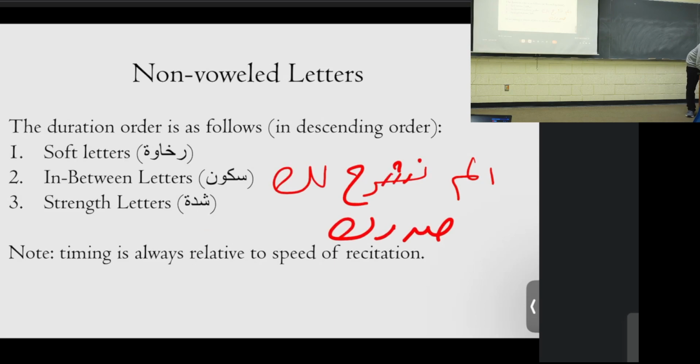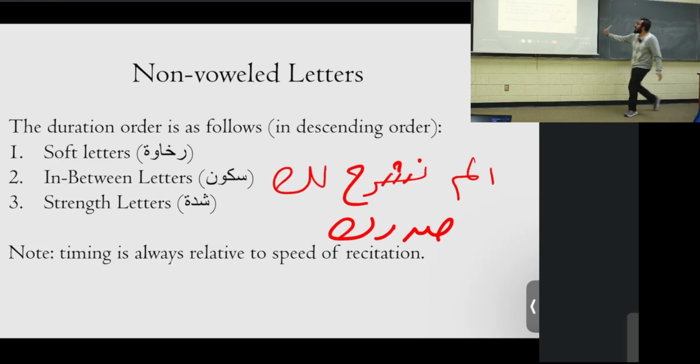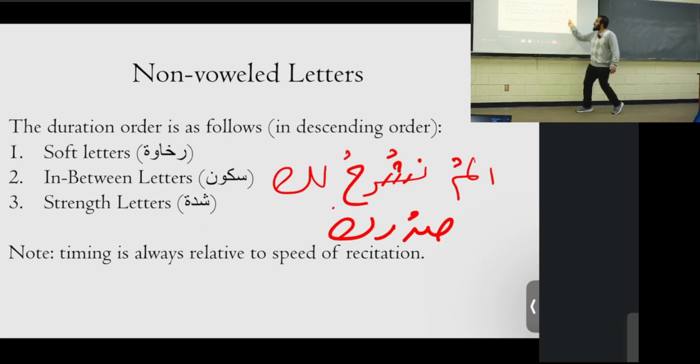Okay? So, where is this? Okay. So, meme is sukoon right there. Okay, so I'll put sukun in every letter that has sukun. Mim, sheen, ha, dal, kaf. So, is mim rakhawa sukun or strength?